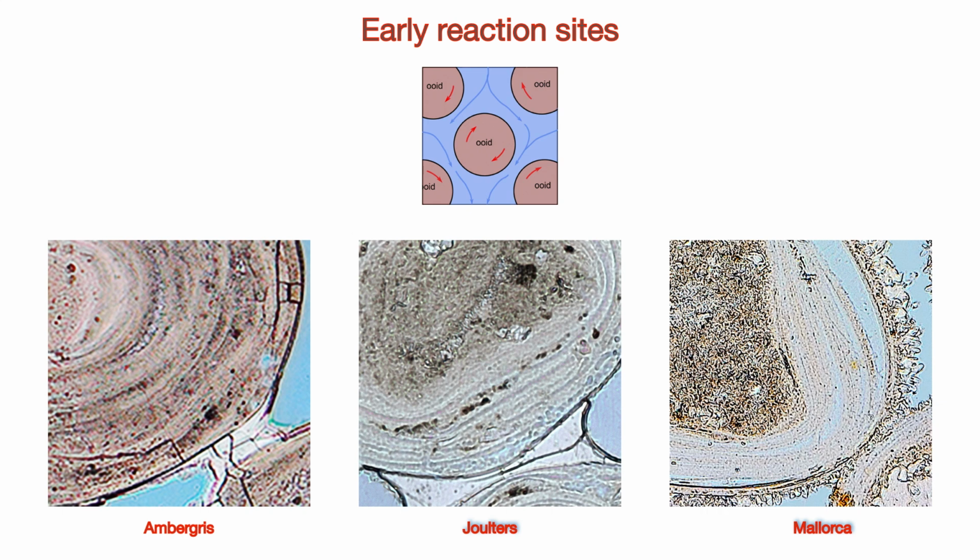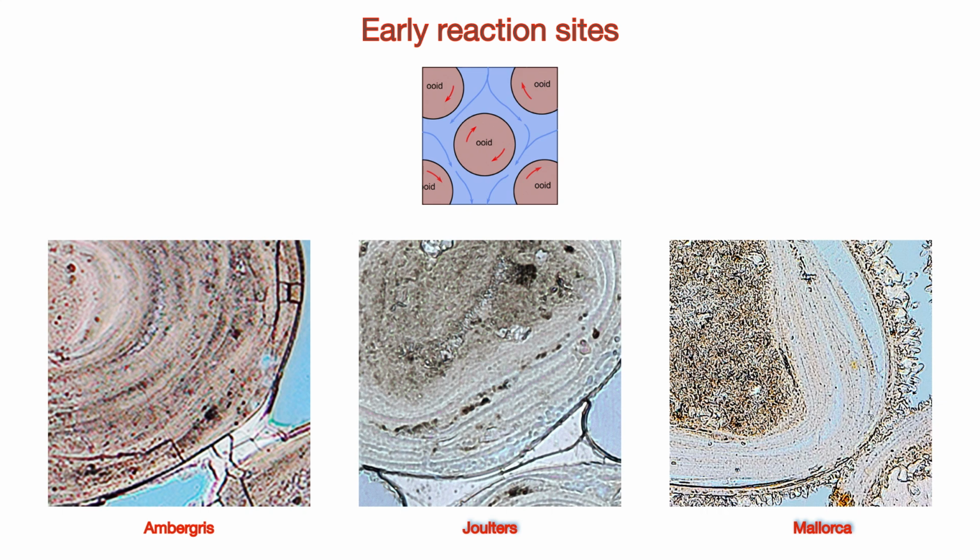While this was going on in the intergranular pores, organic-rich layers in ooid cortices were undergoing bacterial reactions, creating alkalinity that slowly dissolved adjacent aragonite. As the reactions in the two sites occurred independently, their relative timing is uncertain.